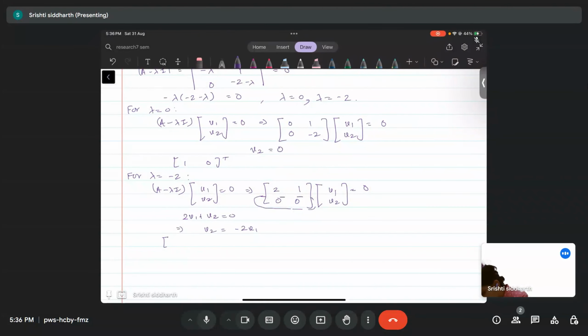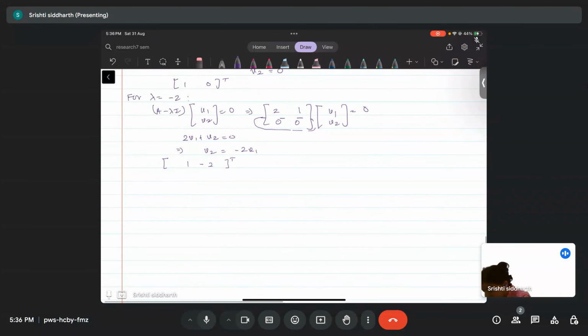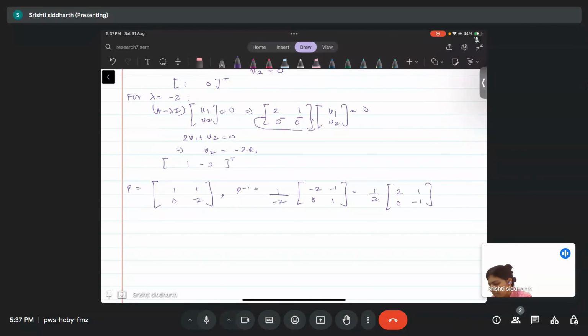So the eigenvector is 1 minus 2 transpose. So you already know the modal matrix. So P inverse becomes 1 over minus 2, let's keep it like this, half, times 2 1 0 minus 1.